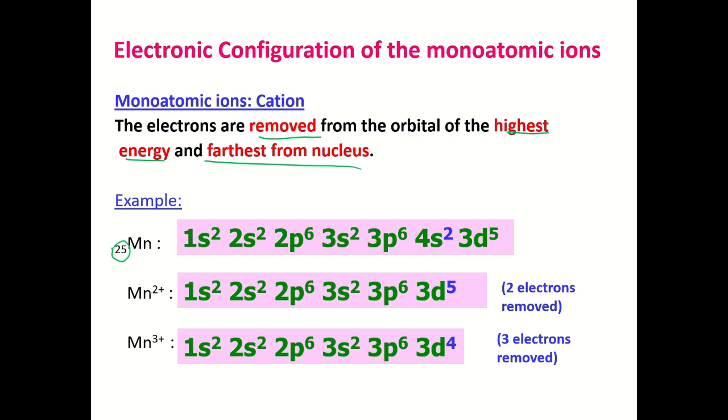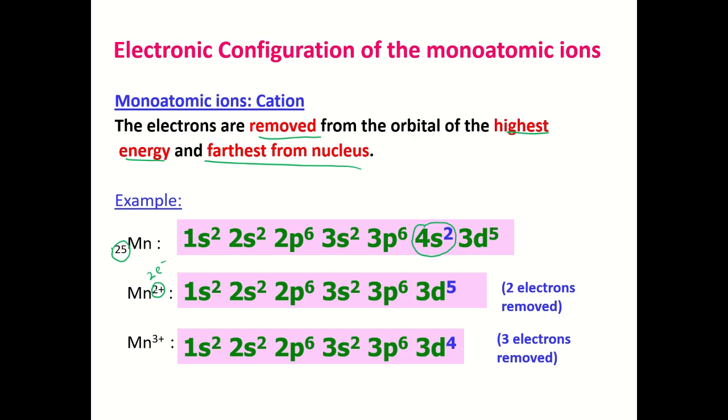Next, let's say we want to form manganese 2+, so that means you have to remove 2 electrons. Which electrons are you going to remove? Remember, we are going to remove the outermost electrons. The outermost electron is not from 3d but is from the outermost shell, which is the 4s.